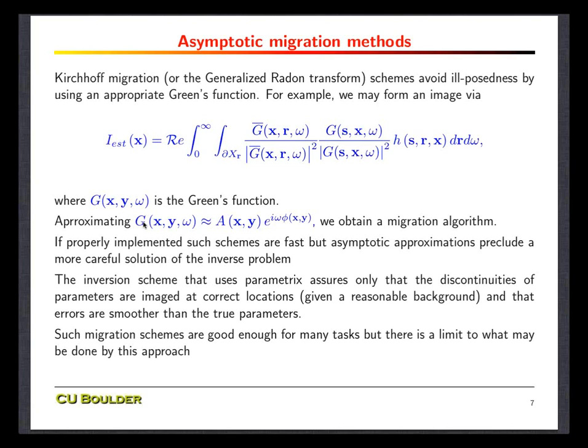To analyze this integral, you assume single scattering and write a geometric optics approximation for the Green's function. You substitute it in, do some manipulation, and you will find that you roughly get a delta function inside this integral, and you recover the perturbation.